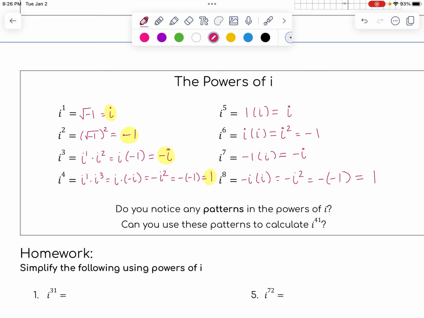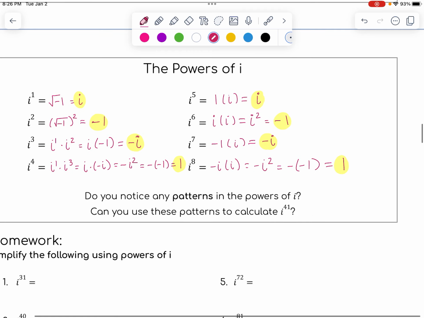And do you notice any type of pattern here? i to the fifth equals i, i to the sixth equals negative 1, i to the seventh equals negative i, and i to the eighth equals 1. This is what we call the powers of i.